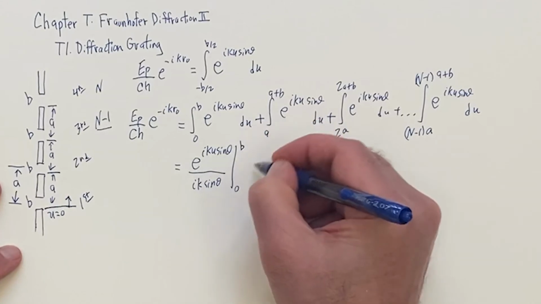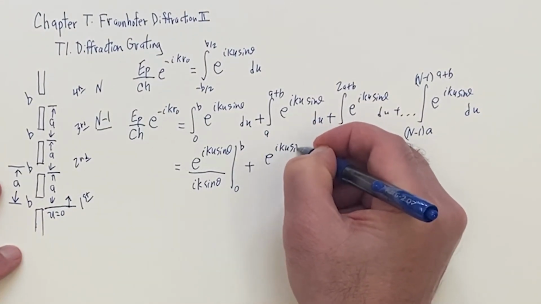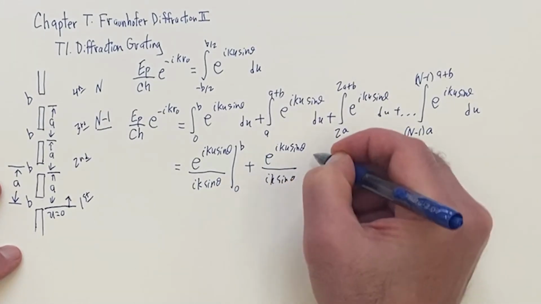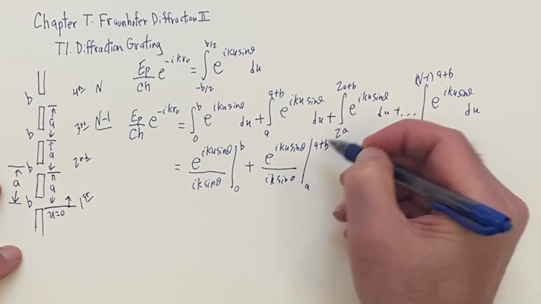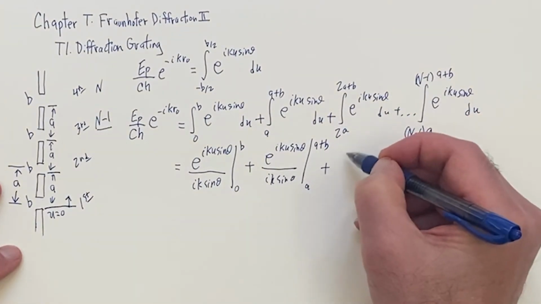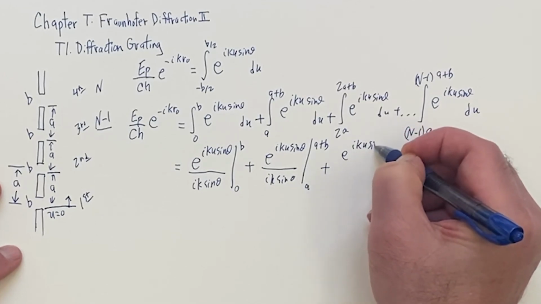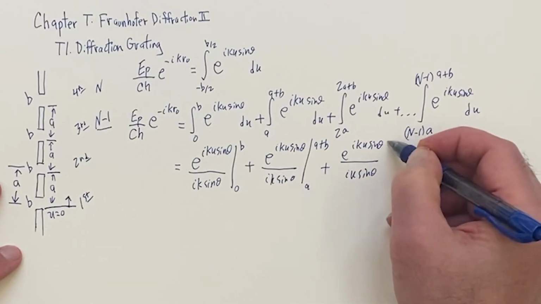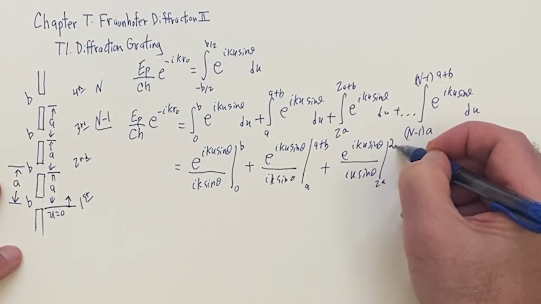That's 0 to b, plus the same thing from a to a plus b, and then the same thing from 2a to 2a plus b.